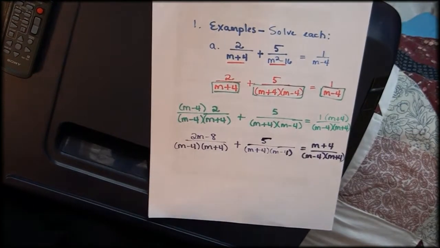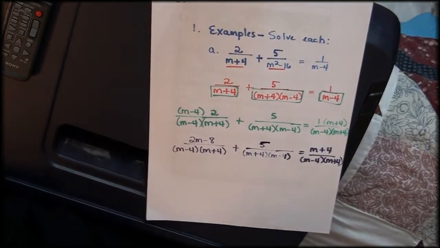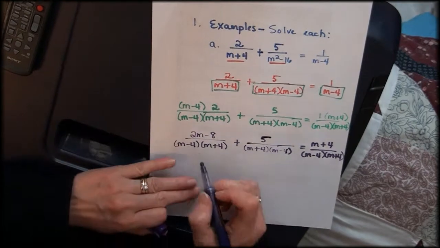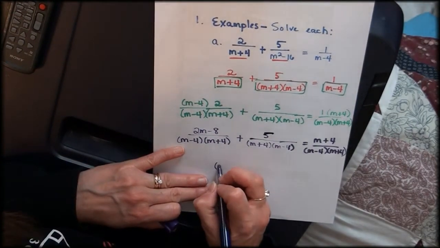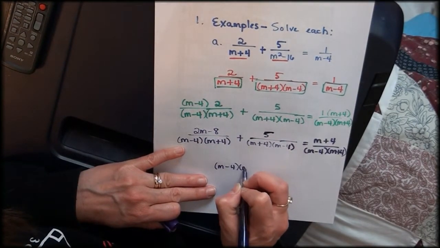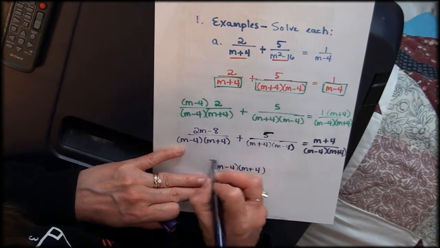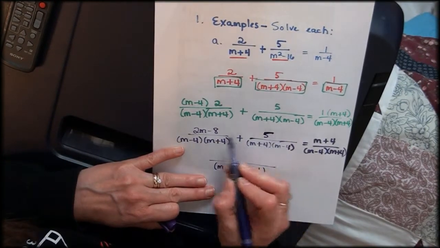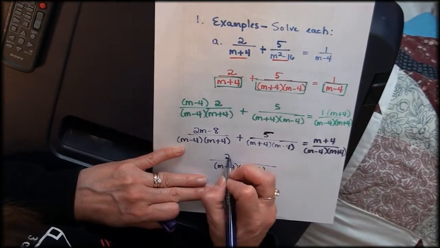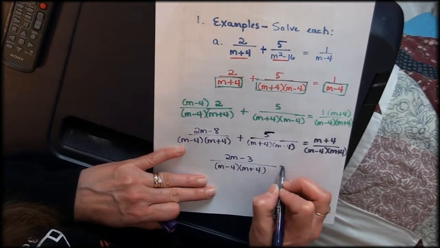Now that all those denominators are the same, what I can do is I can just combine up the numerators. So here I'm going to keep the denominator, and I'm going to combine up these numerators. Well, a negative 8 plus a 5 is a negative 3, so I have a 2m minus 3.